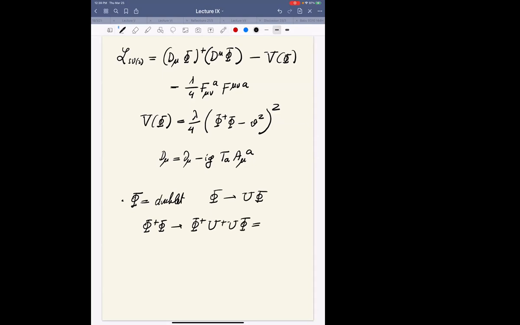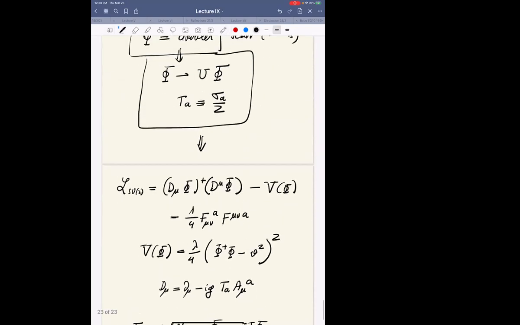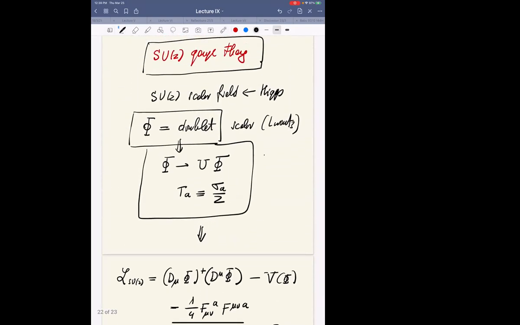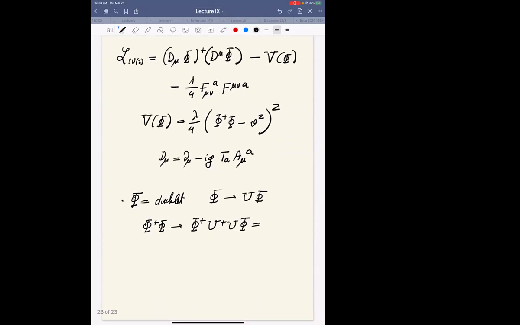And U dagger U is 1. I should have said it. What is U? It's a unitary transformation. U dagger U is 1. And we will also choose determinant of U is 1, as we talked before. That's why it's Pauli matrix. Okay, and this you know in your sleep. This is surely invariant.